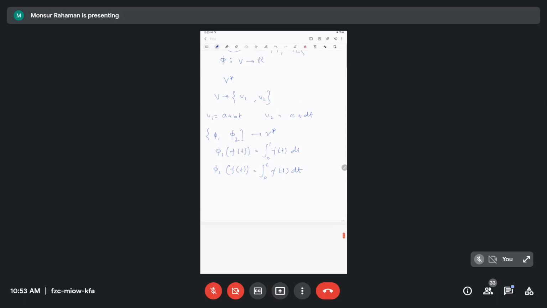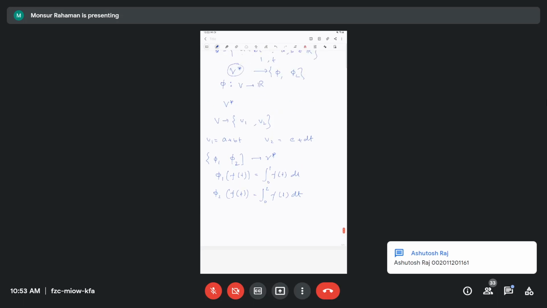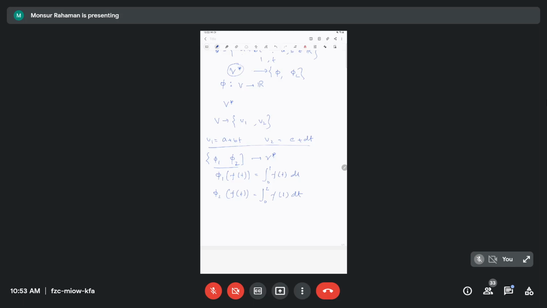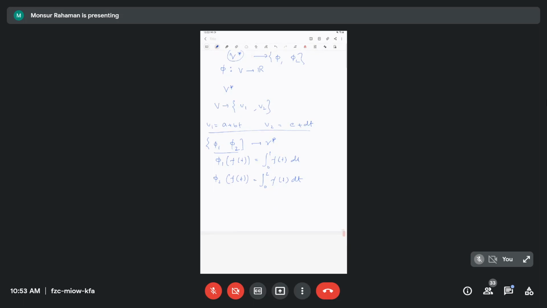Okay, conversely, we have to find the basis vector. The dual basis is given. Now you need to find the basis vector of V. So you will have to find the basis vector.